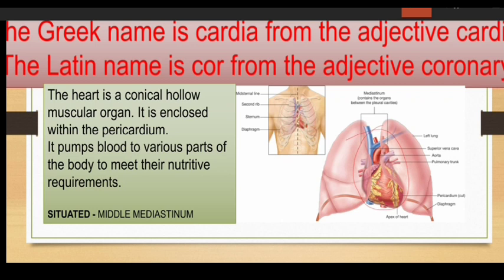It is conical in shape and enclosed within the pericardium, the outer layer of the heart, and it pumps blood to various parts of the body for the nutritional requirement, right? It is situated in the middle mediastinum.